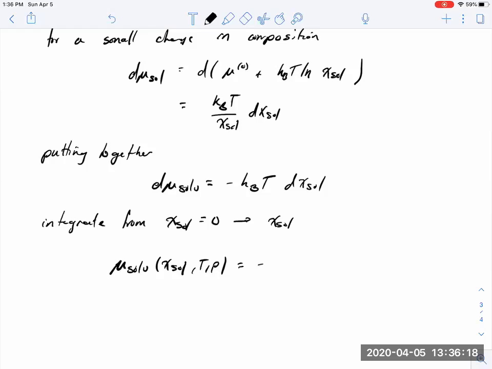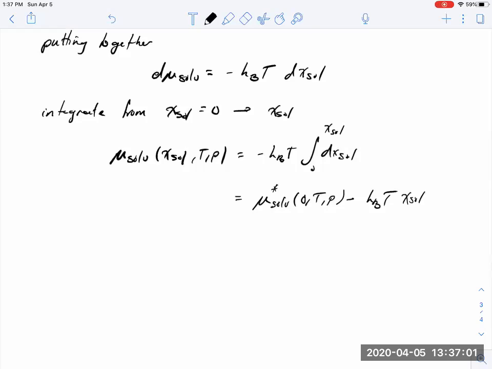Well, that's equal to minus kBT, an integral over the mole fraction of solute from 0 to some fixed value. That will give me some value at 0, which is the chemical potential of the solvent in the absence of any solute. Let's give this a little star. Minus kBT, the mole fraction of solute.